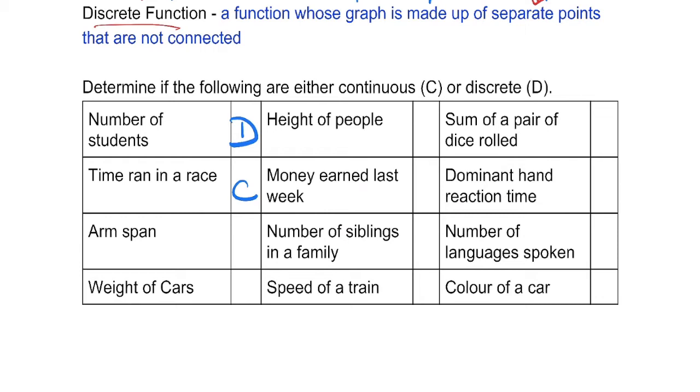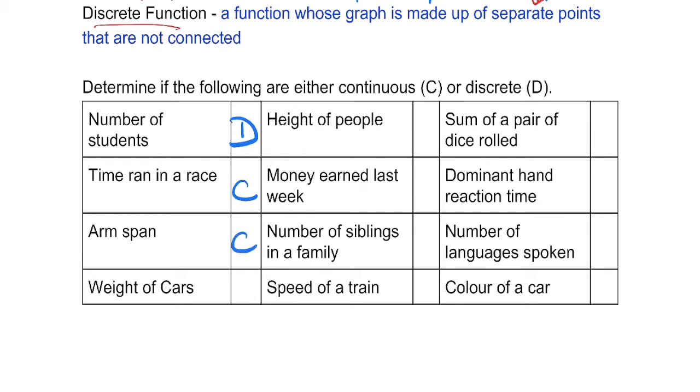Arm span, so here we're dealing with length. Again, it's limited in some ways by our measuring device, but when we're talking about lengths, in this case the arm span, it could be anywhere within the real numbers. It could be any value that is possible. So arm span would be continuous.